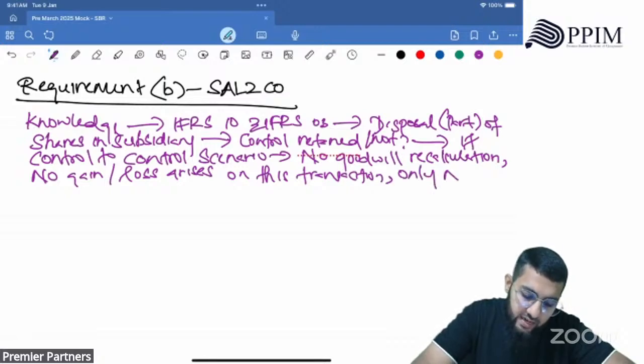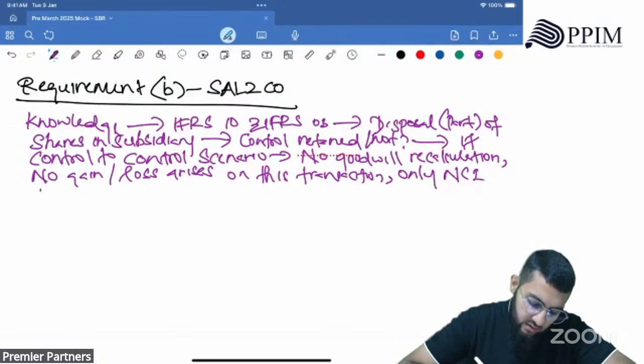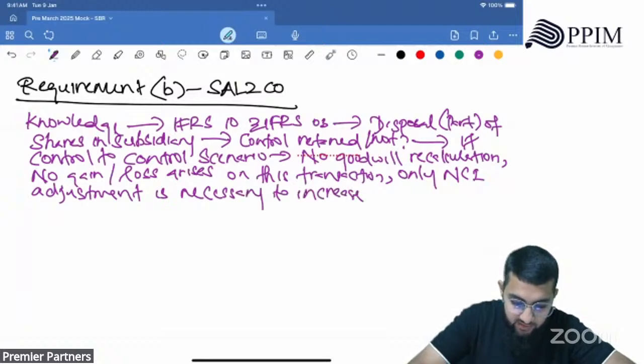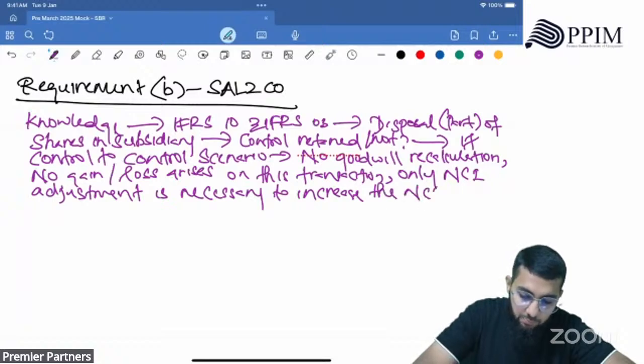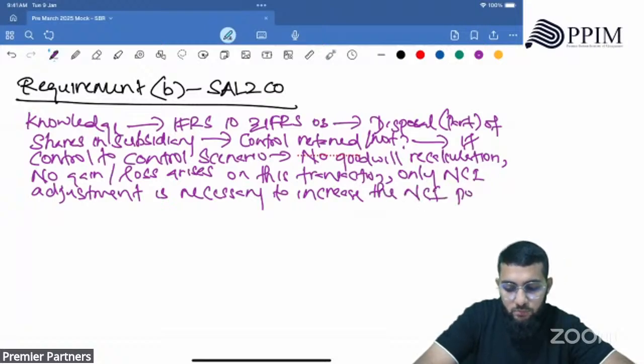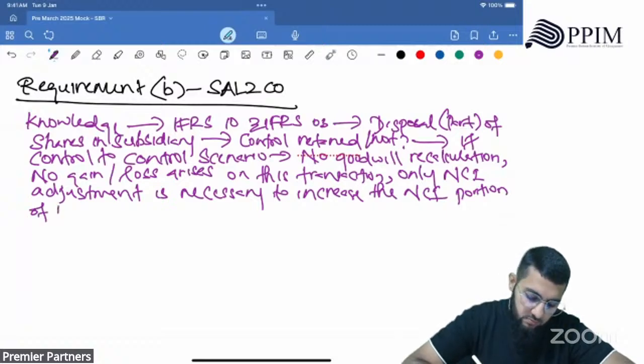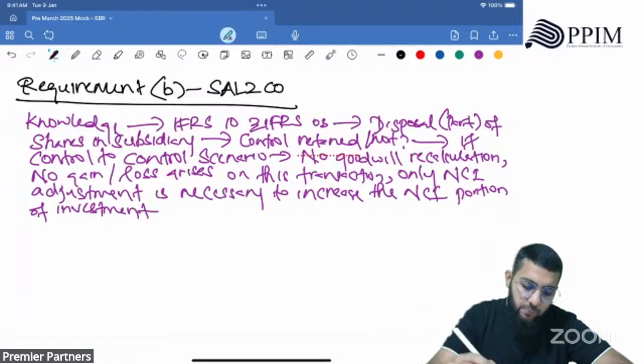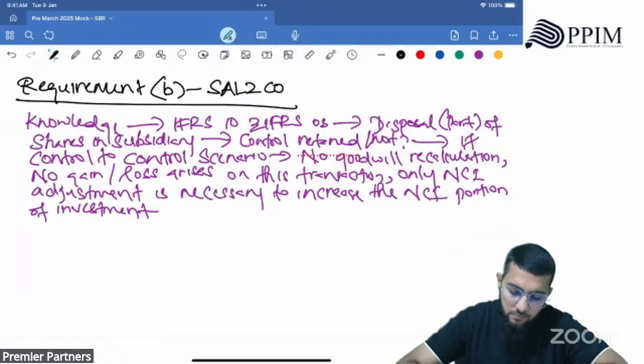Only an NCI adjustment is necessary to increase the NCI portion of the investment. That's the knowledge part. Then you apply that.